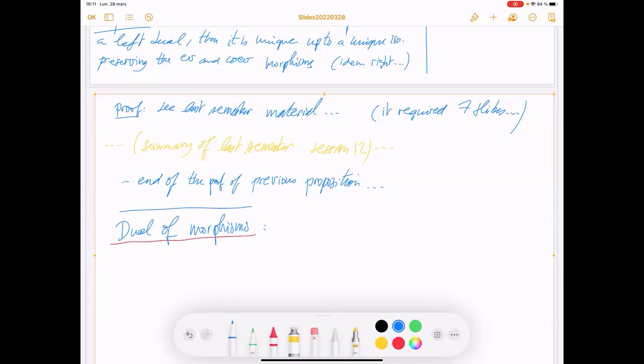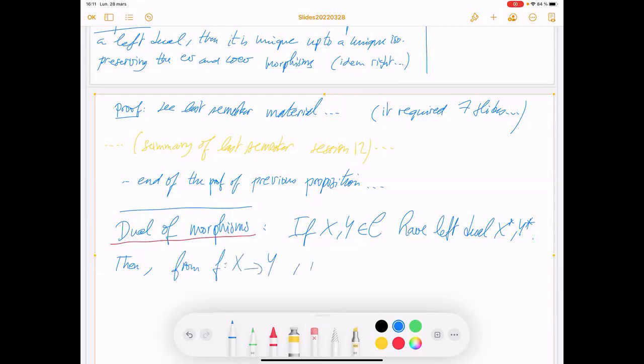We will recall: if X, Y in C have left duals, X star, Y star, then from a morphism f from X to Y, we define its dual, the left dual, denoted f star, from Y star to X star, as follows.